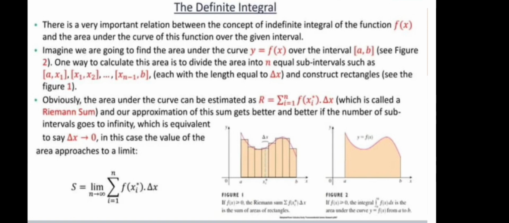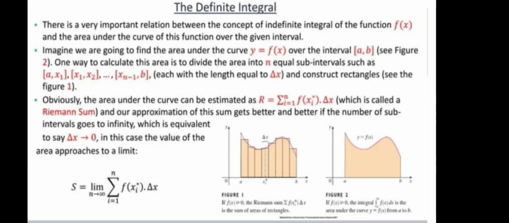See figure 1. Obviously, the area under the curve can be approximated by a sum, and our approximation of this sum gets better and better if the number of subintervals goes to infinity, which is equivalent to saying delta x goes to 0. In this case, the value of the area approaches a limit.